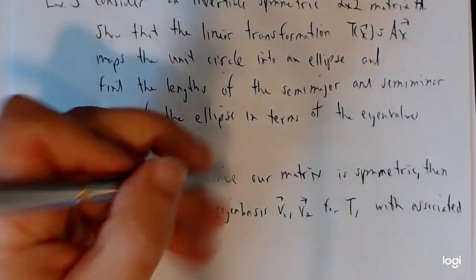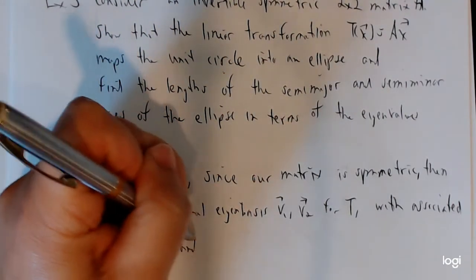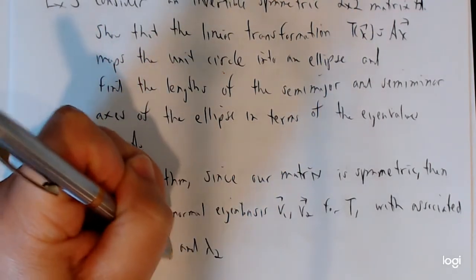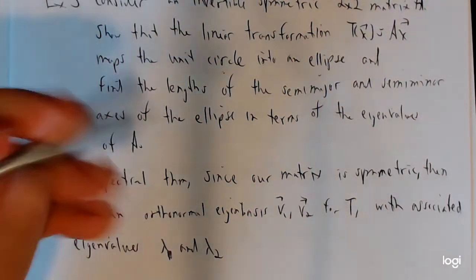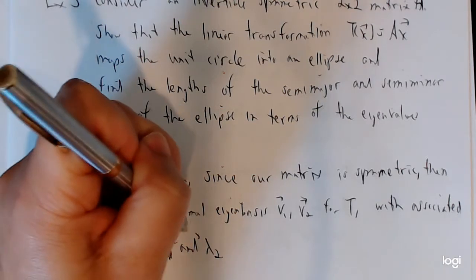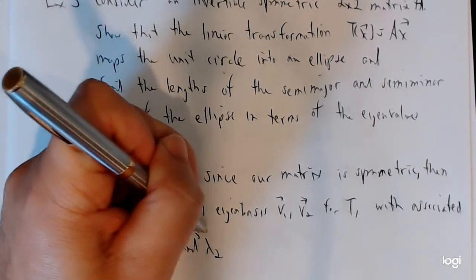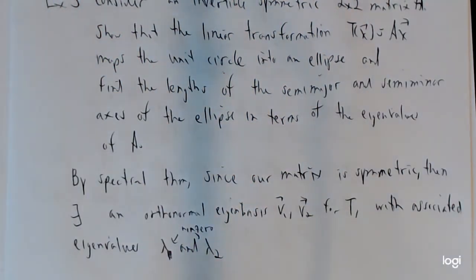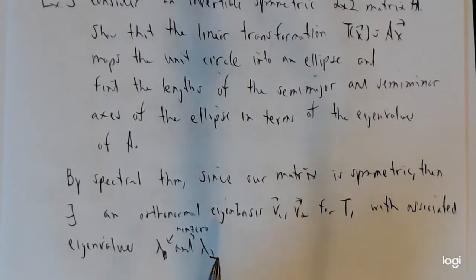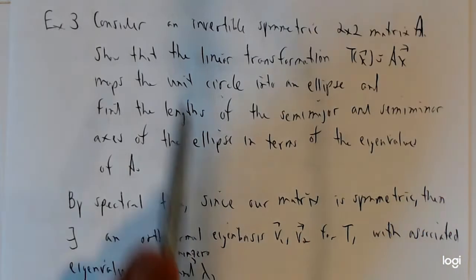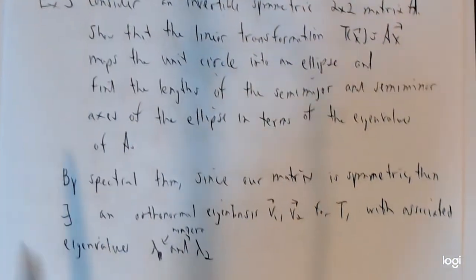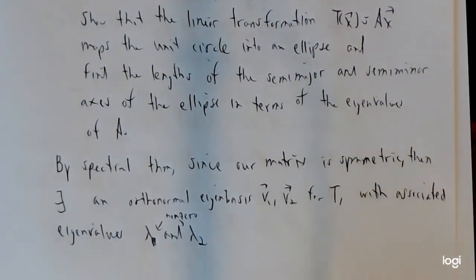Let's call them lambda sub 1 and lambda sub 2. And we know for a fact that these guys are non-zero, right? Why are they non-zero? Let's think about it. If any of these eigenvalues are 0, what does that mean about the determinant of A? The determinant of A will be 0, and therefore it will not be invertible. So we know that lambda sub 1 and lambda sub 2 must be non-zero.